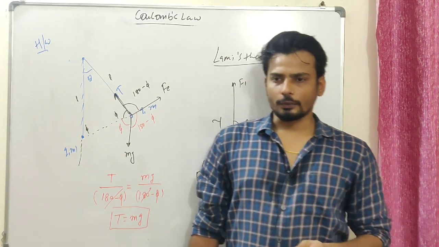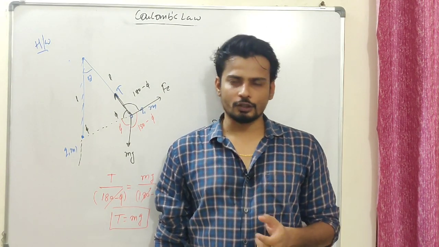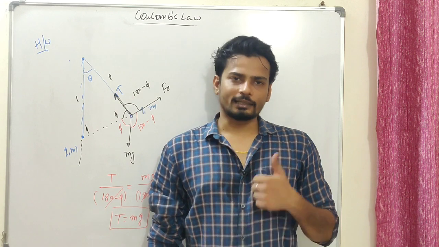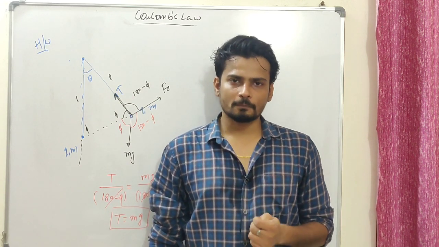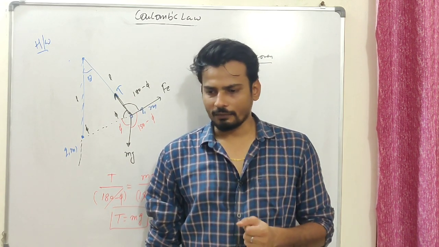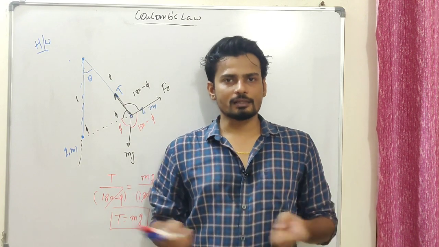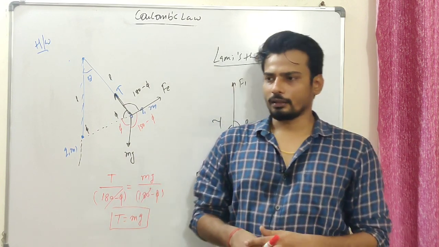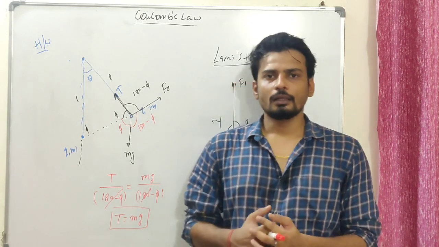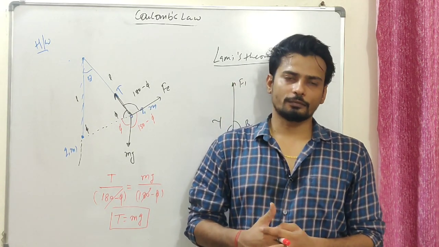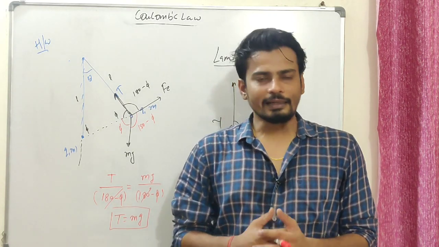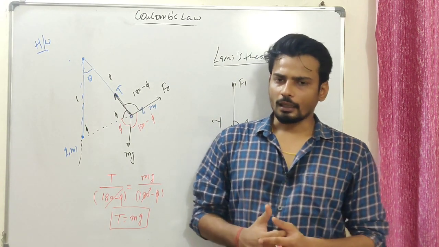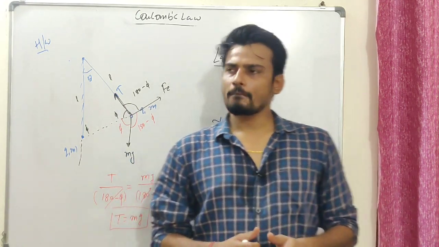The vector form is used when we have directions in the picture, so it gives you magnitude as well as direction at the very same time. Normally when we have questions with charges placed in three dimensions, the vector form of Coulomb's law works really well. So I'm going to do that in the next video.